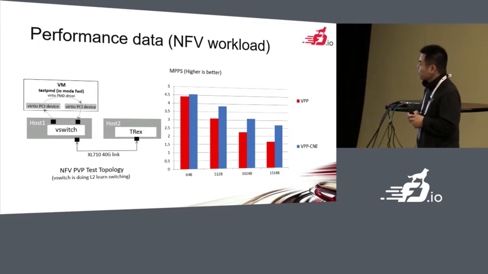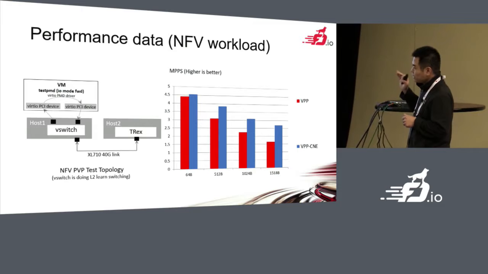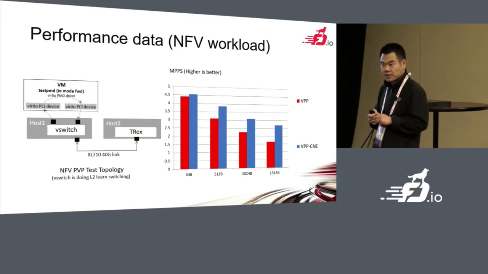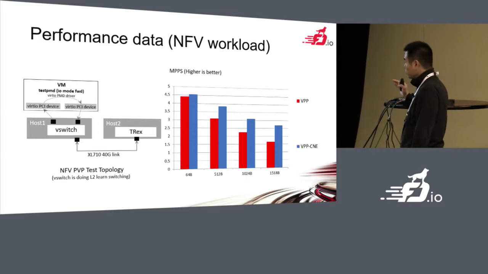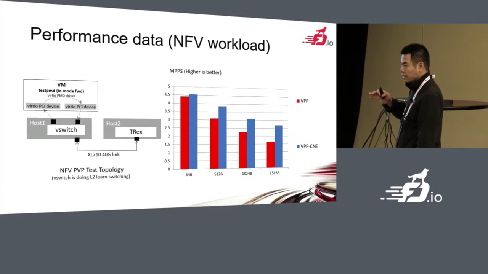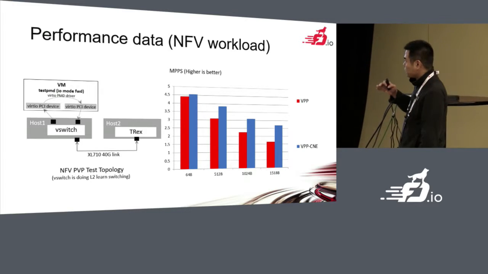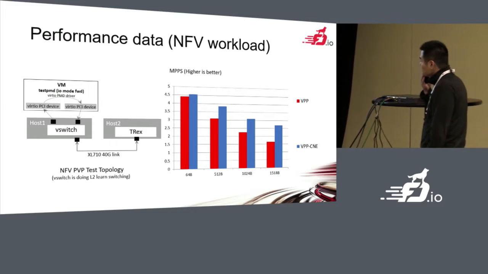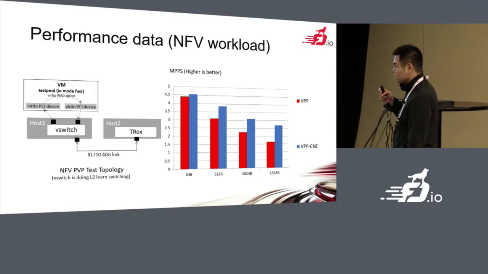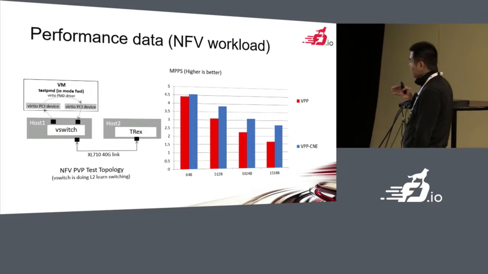Before we go into the details, let's see some interesting performance data. This is for NFV workload, for VNF, not CNF. As the topology, we are using T-Rex as a traffic generator, and the VM is running testpmd with two virtio vNICs. As you can see in the performance data, VPP is the red one, and VPP-C is what we did the enhancement on.